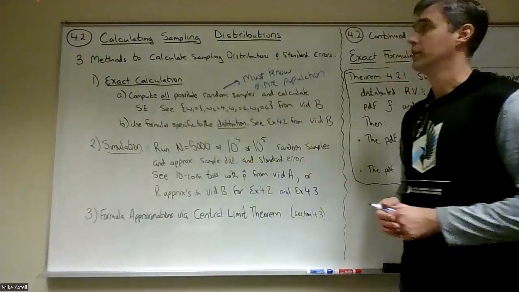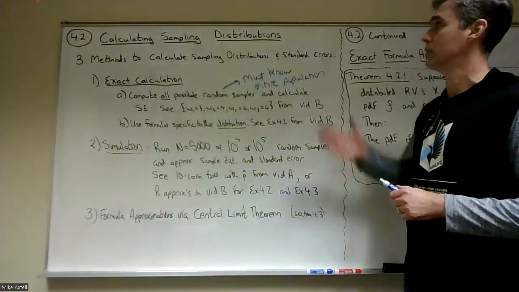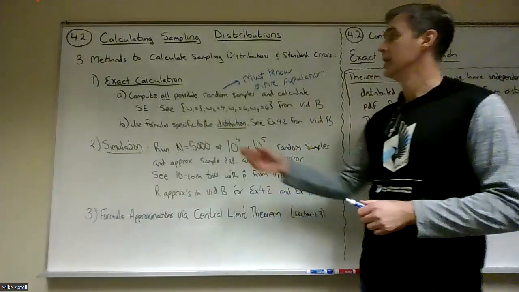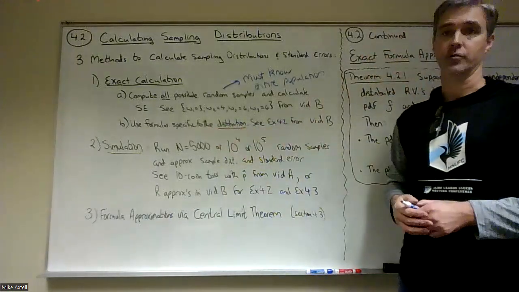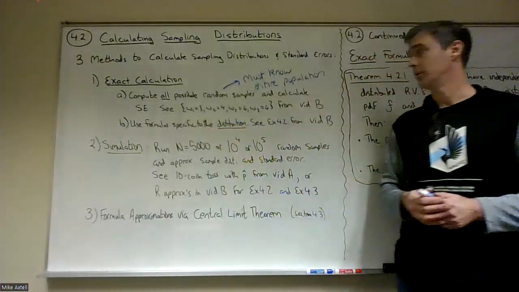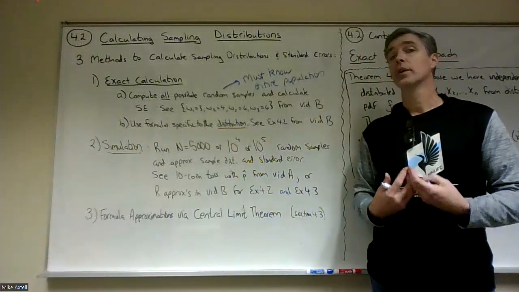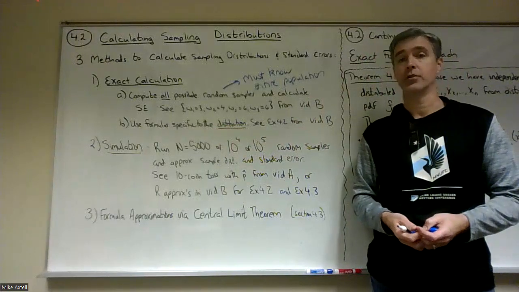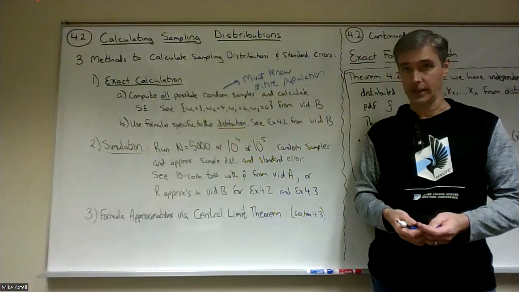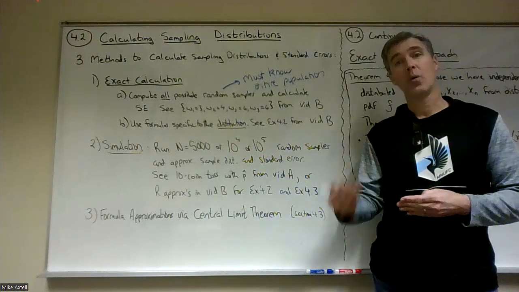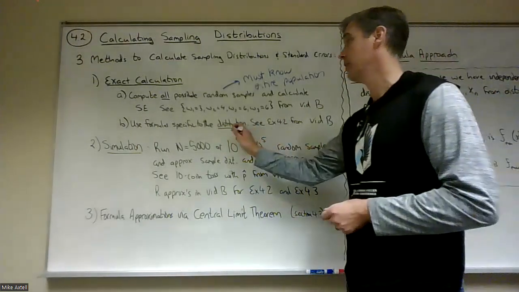The other way we could find the exact sampling distribution and its standard error and its mean is to use formulas specific to the distribution. So, for example, in exercise 4.2, I believe we were told we're going to sample from an exponential distribution with lambda equals 1/15, right? So we were told the distribution, all right?